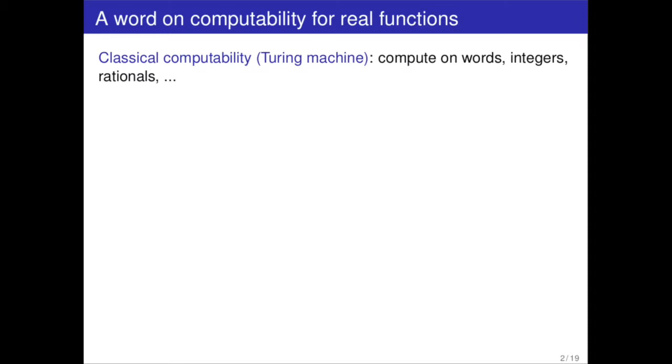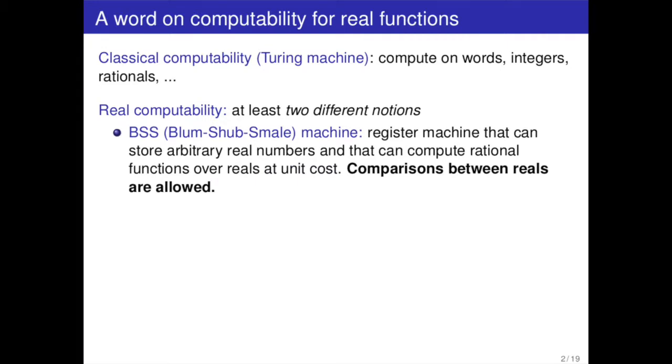However, if you want to say that a function from real numbers to real numbers is computable, things are not so clear. There are different models, and there are at least two big models that are completely different. I want to mention both. The first is the BSS model, Blum-Shub-Smale model. Those are basically register machines that can store arbitrary real numbers in registers.